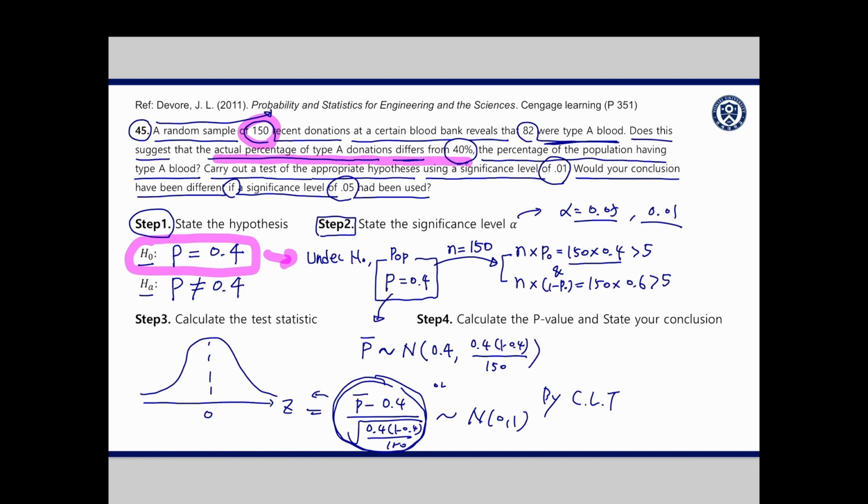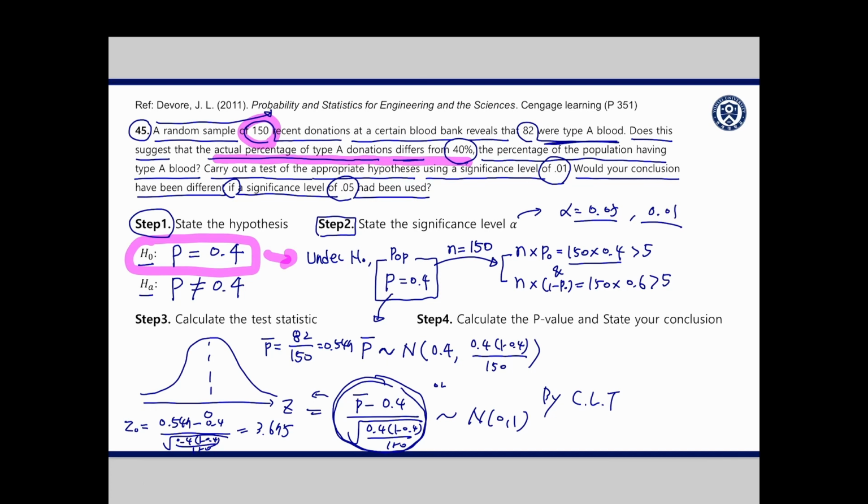The sample proportion is 82 over 150, so it's 0.547. So the test statistic is z0 equals 3.675.